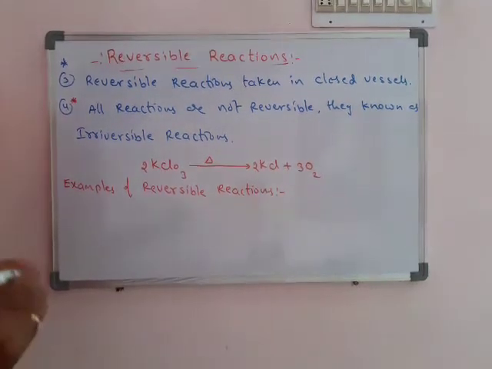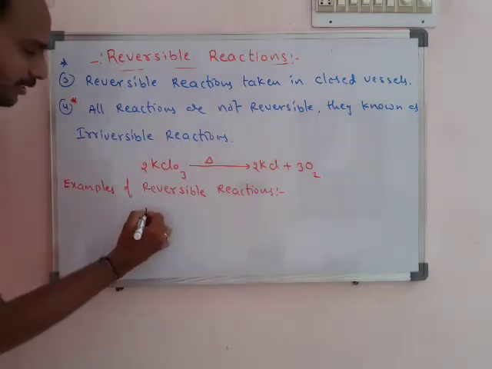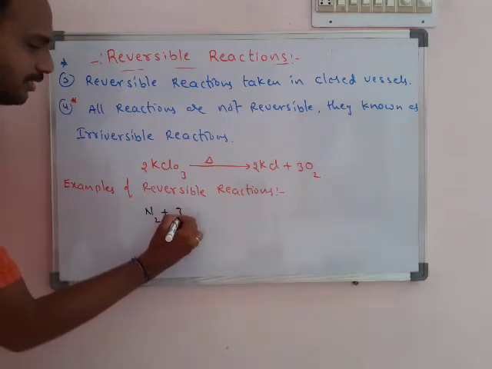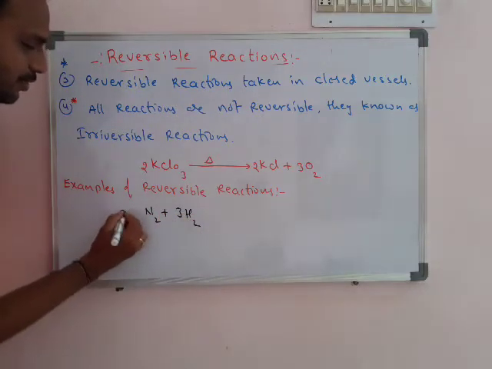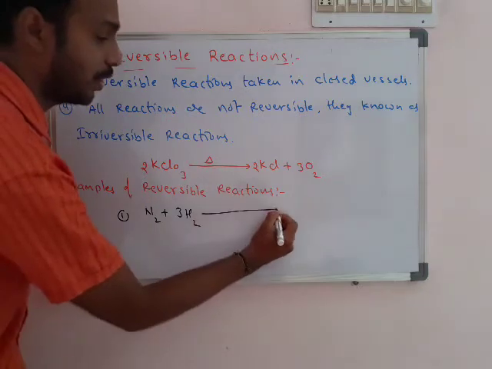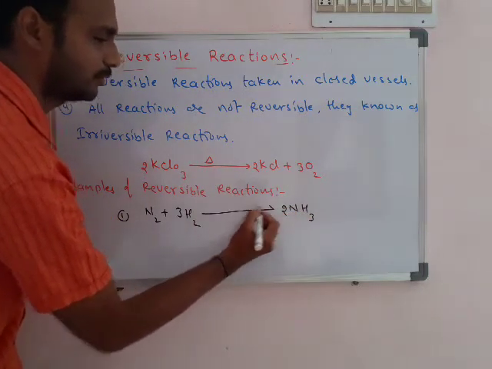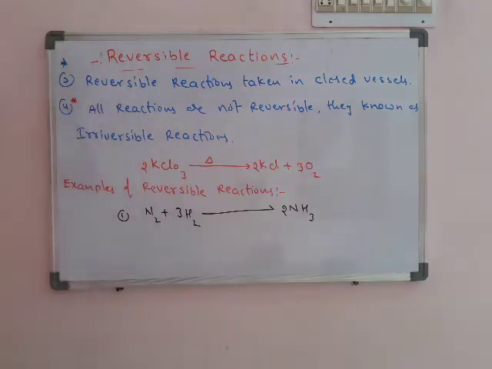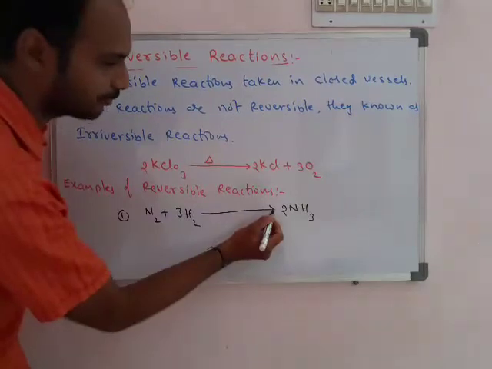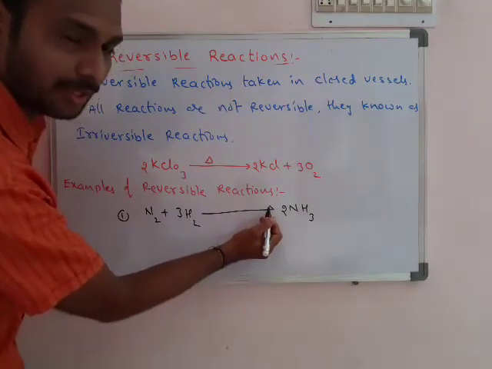These are the fixed examples given in experiments condition. So N2 plus H2 gives NH3. Forward reaction and backward reaction both take place, so we give this half arrow mark.